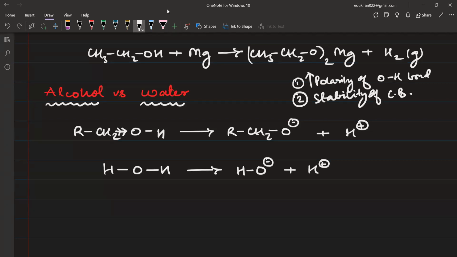So oxygen is already getting a lot of electron. Oxygen is getting almost all of the electron from this RCH2. That means it will not be willing to pull so much electron from the hydrogen atom. That means this is less polar. First thing is that alcohol is less polar than water.